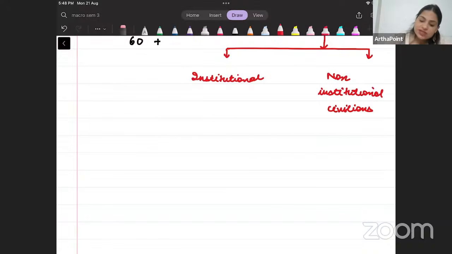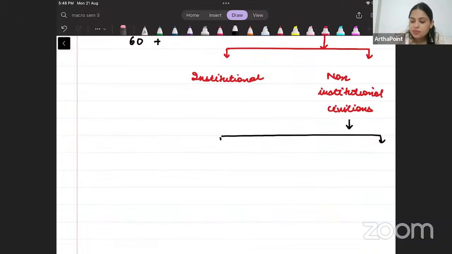Now, out of these civilians, I can divide it in two parts. There may be people who want to work and there may be people who don't want to work. Just for example, there may be people who are housewives. Housewives, they are non-institutional civilians. वो किसी institute से connected नहीं है, but they are just going ahead and they're working within their home, right?